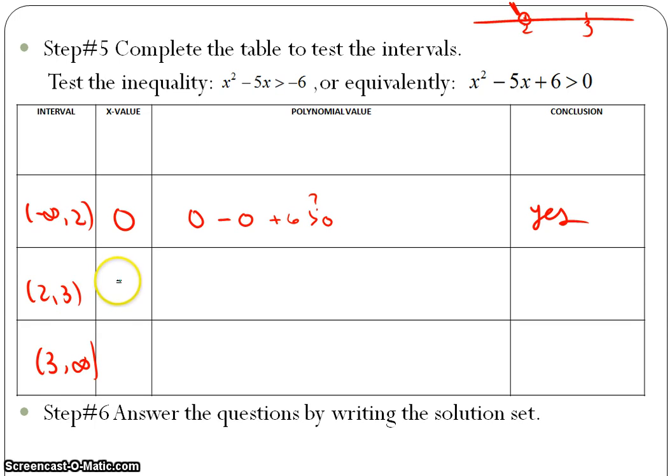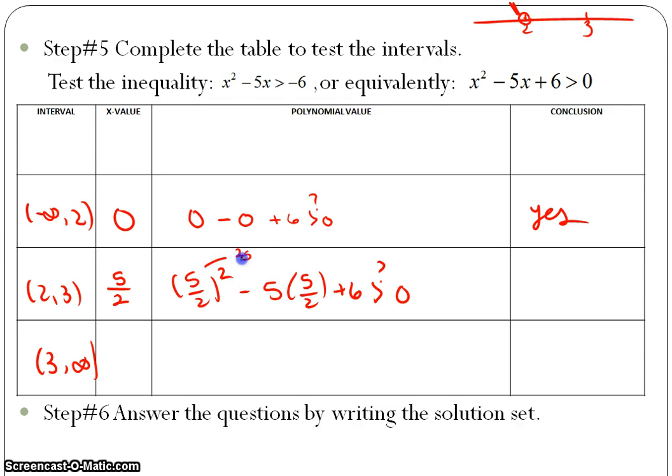So between 2 and 3, 2.5 would be a number between 2 and 3, but since I'm going to have to square it, in fraction form, 5 over 2 will work. So I'm going to do 5 over 2 squared minus 5 times 5 over 2 plus 6, and is that number greater than 0? So you're going to have to deal with fractions.